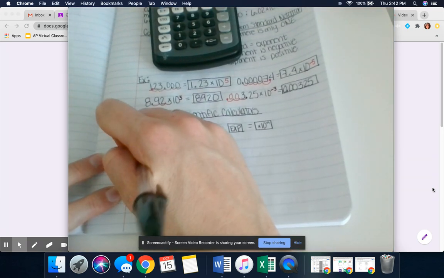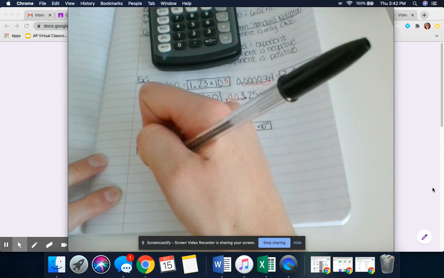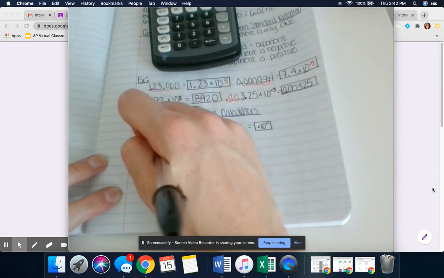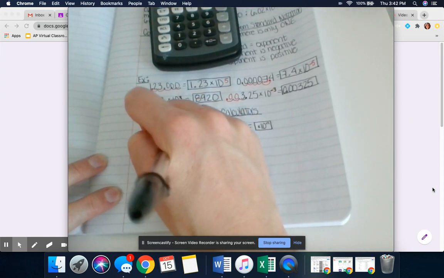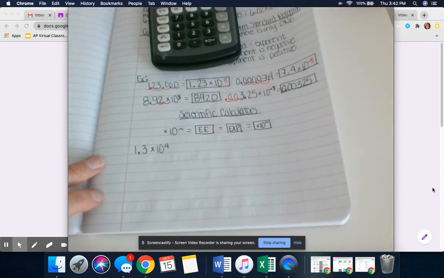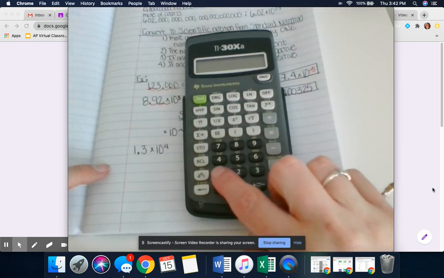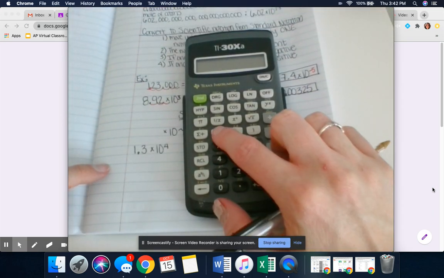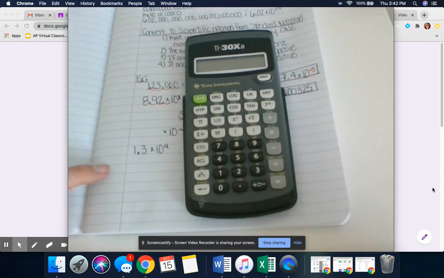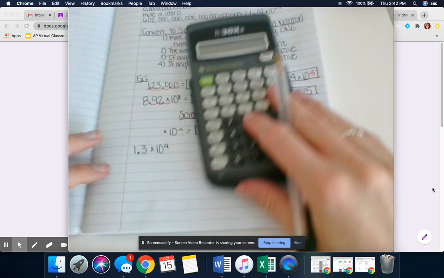If you need to type 1.3 times 10 to the fourth as part of your calculation, all the buttons I want you to type to do that are just going to be 1.3 EE 4. So copy that down.